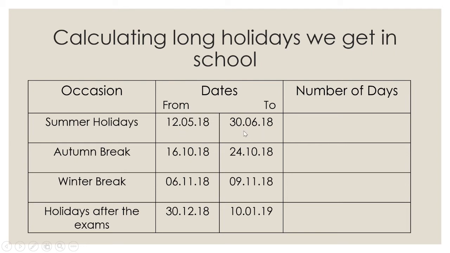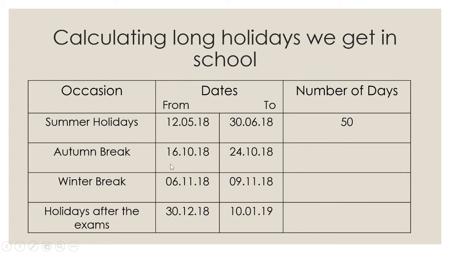Now June, the month of June has 30 days. So 20 days of May plus 30 days of June. So how many holidays will you have in your summer vacation? You will have 50 days of holidays. Wow! That is a really, really nice break.